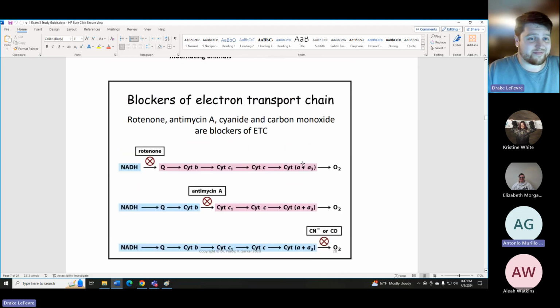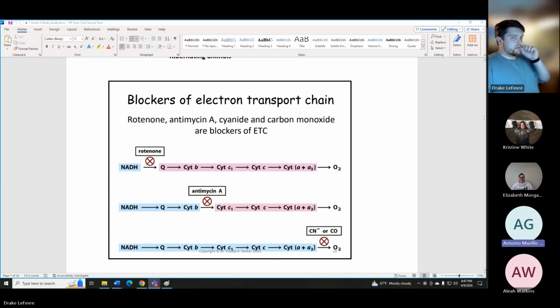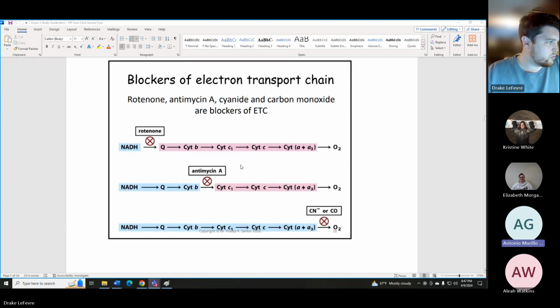Not really much else I can say there. How do I remember those? All right, so rotenone. If you notice, they're ABC, right? Rotenone is outside of the alphabet, so it's between H and Q. Antimycin A is between B and C1, like the alphabet, and then carbon monoxide or cyanide is right before oxygen.